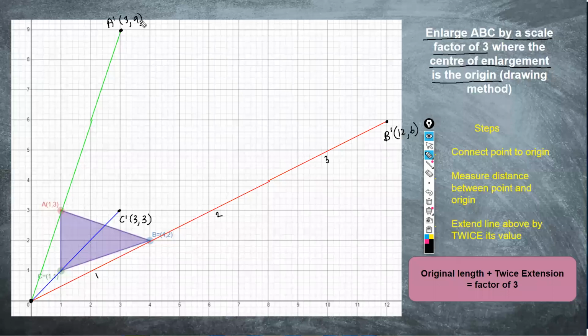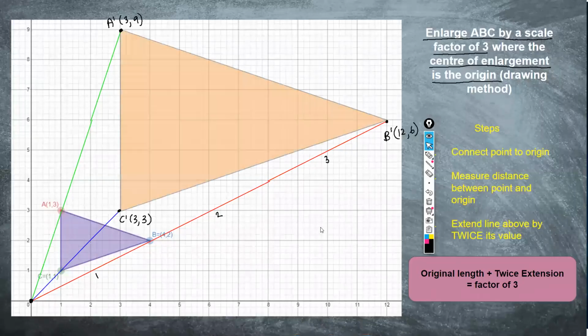So I see the majority of people are getting it right. I'm going to make sure and do other examples as we go along. Connect up the 3 points now. After you complete the triangle, let me know on the chat if you got something resembling the orange triangle.